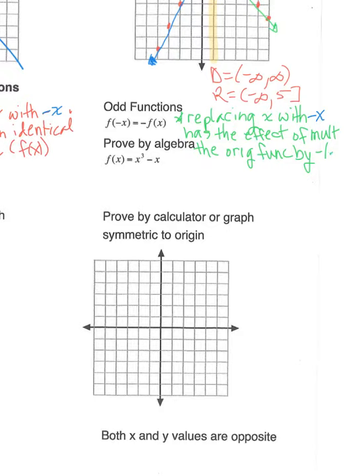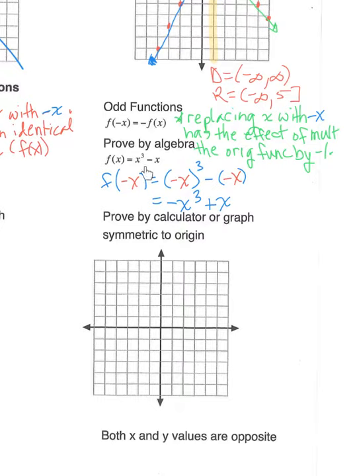So let's go ahead and find f of negative x. That's going to equal something cubed minus something. So negative x goes in here and in here. Note that when you cube negative x, you still get a negative x cubed. But here, a negative times a negative is a positive x.